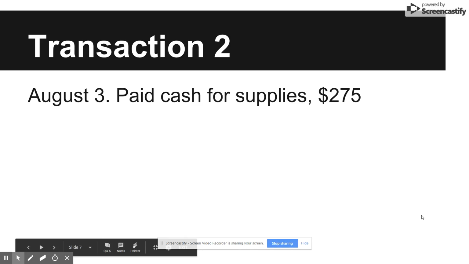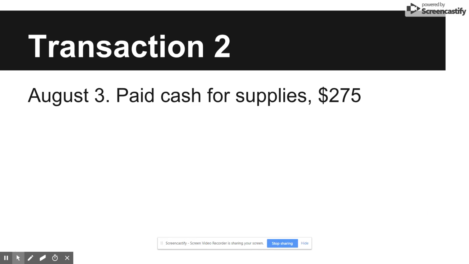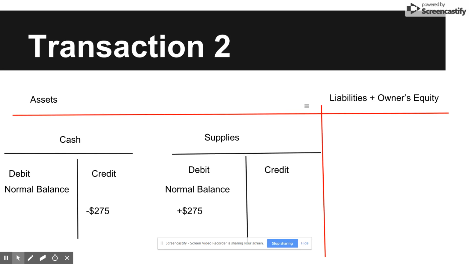On August 3rd, we paid cash for supplies, $275. Okay, so the 2 accounts that we're going to need to use here are going to be cash and supplies. Both of them are assets. So if we paid cash for supplies, our cash account is going to decrease, and our supplies account is going to increase because the balance of our supplies is going to increase. So that would look something like this.